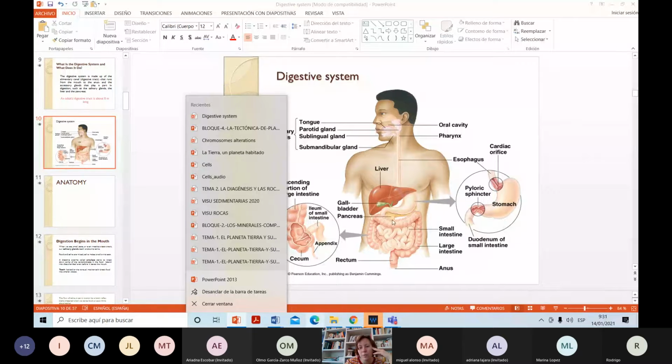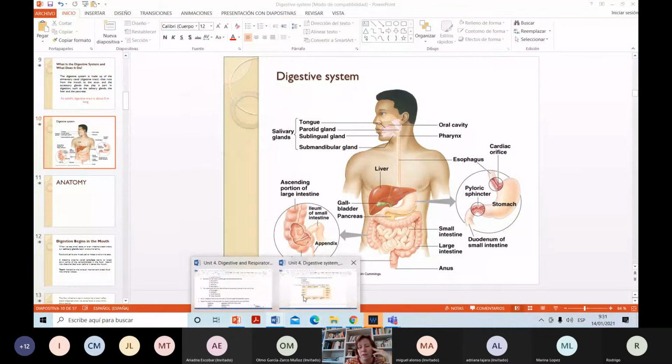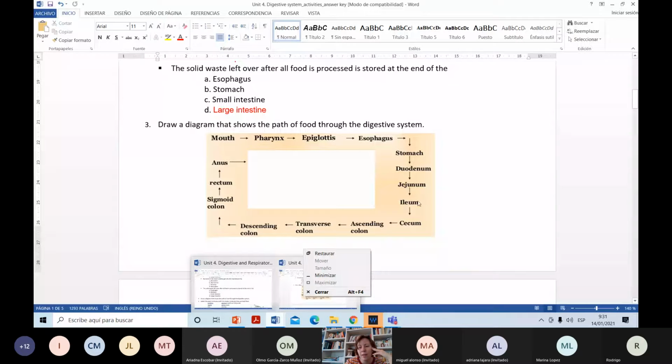This one is the duodenum, just these 20 centimeters, and the rest of the small intestine, 6.5 meters, is divided into 2 different parts that are the jejunum and the ileum. So all that is the small intestine.